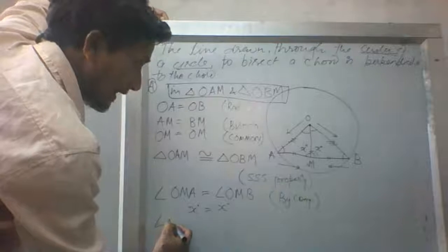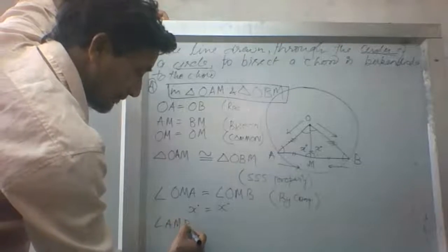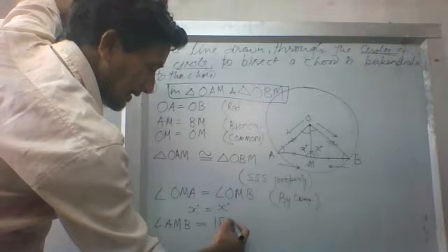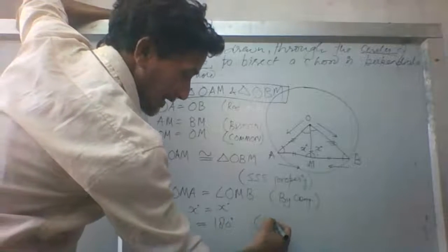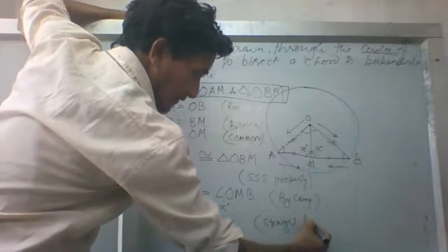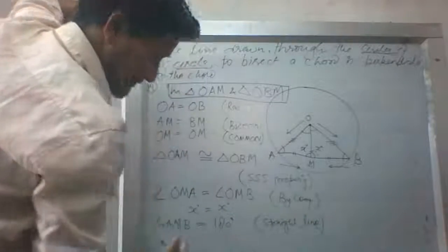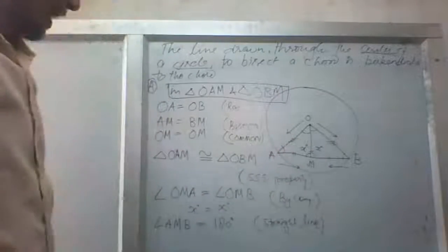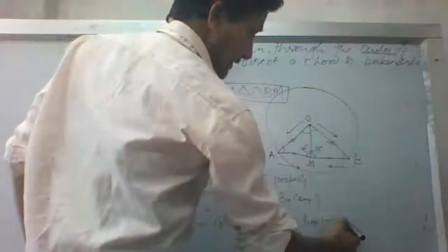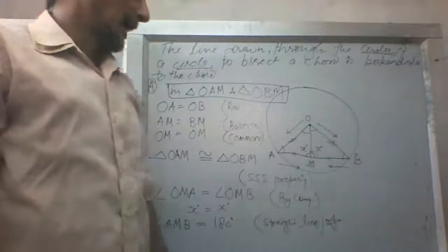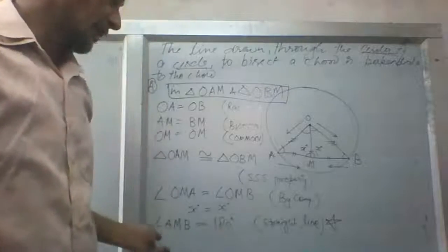Angle AMB is equal to 180 degree. Why? Straight line. This is the most important part to prove that this is 90 degree. The most important part, which is missing in most of the textbooks and most of the books.